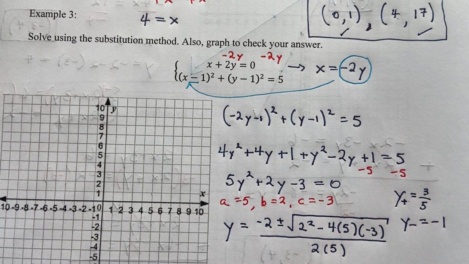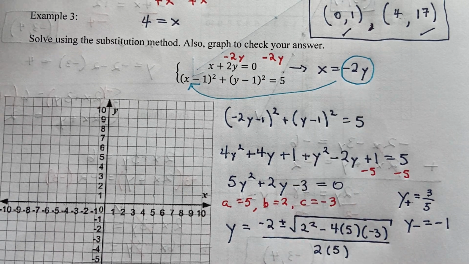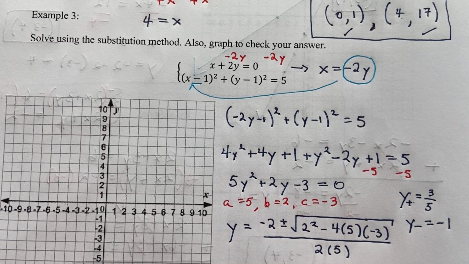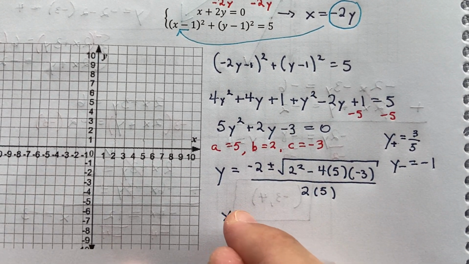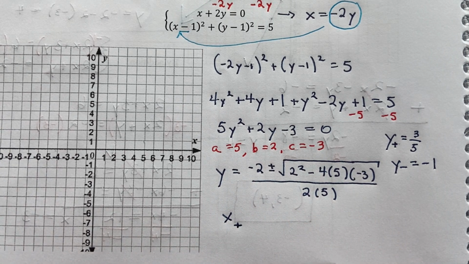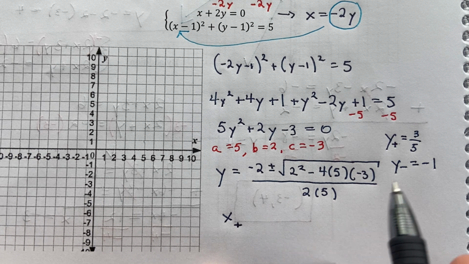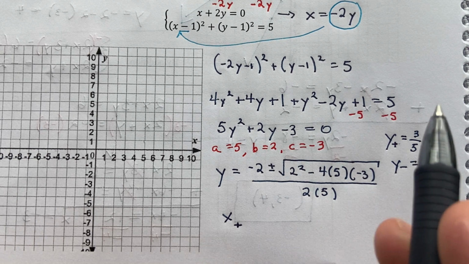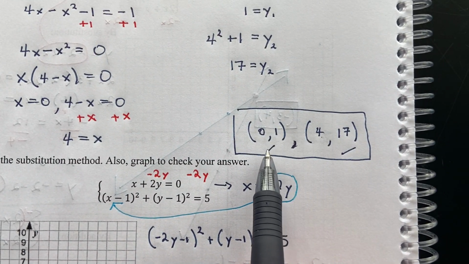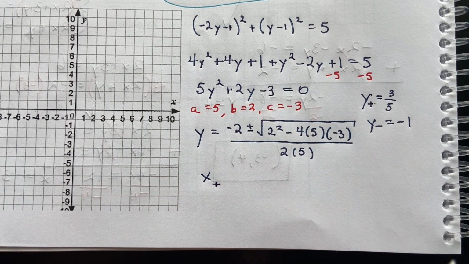What I'm now going to do is plug those y's back into this to get the x's. So x plus will come from plugging in y plus. So I'm just using pluses this time to denote the difference between the results. I used a 1 and a 2 earlier. So whatever you choose, it's totally fine. You just don't want to get these things crossed up, right? Like, just for instance, I could have accidentally said 0.17 and 4.1. You know, you could get the points mixed up, and you just want to keep track.